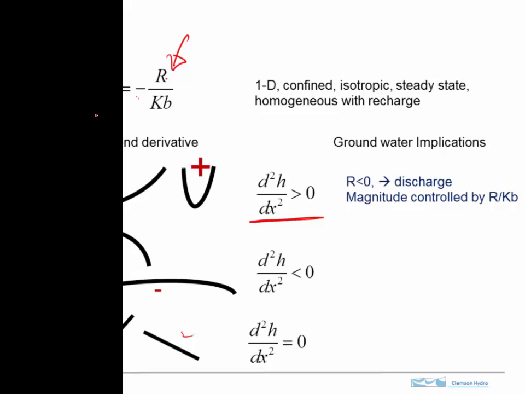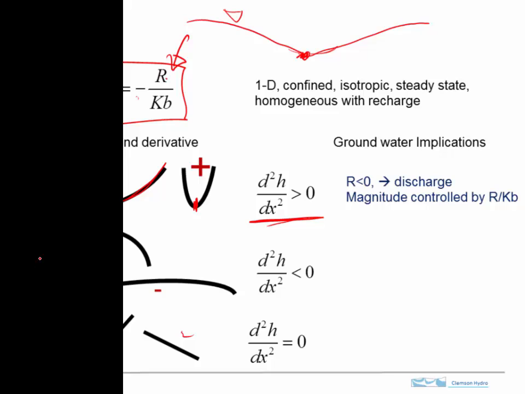So in places where we have the water table looking like this, we can infer from this equation that the recharge has to be negative or it's a discharge point. And in fact, we might assume that this is a stream. If we draw it out, let me draw out a kind of a cross section. So if this is a water table, the stream might be right here, and that would be a point where the second derivative was greater than 0.